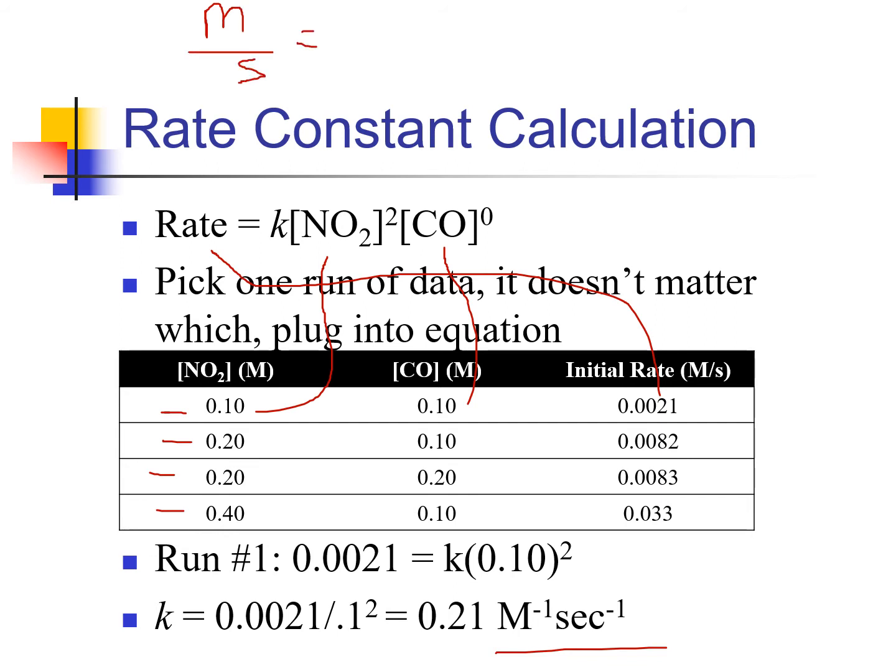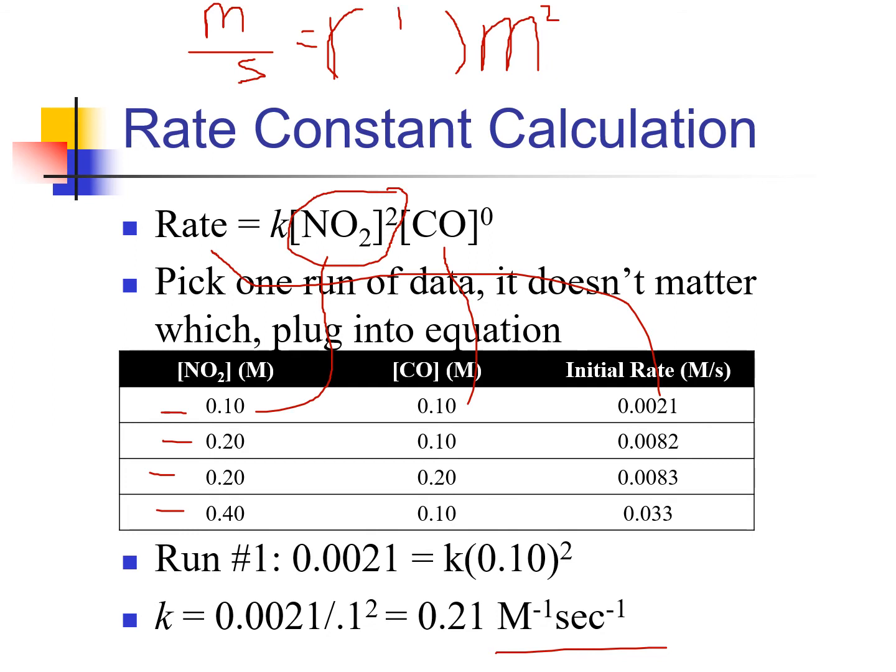We know that K is whatever it has to be, so let's leave a blank there. We know that because of the NO2 squared, that is molarity squared. So again, we ask ourselves, what has to be inside those parentheses to make the right side equal to molarity per second?